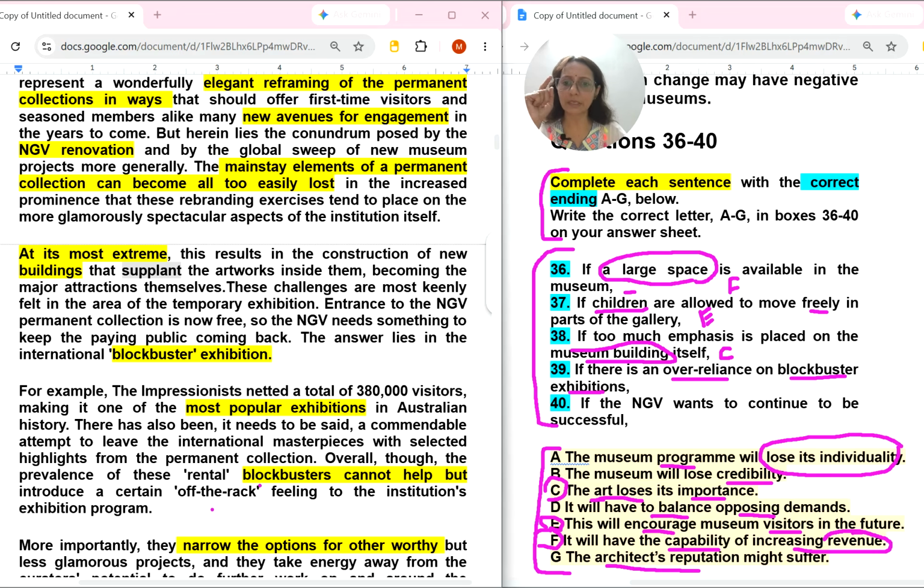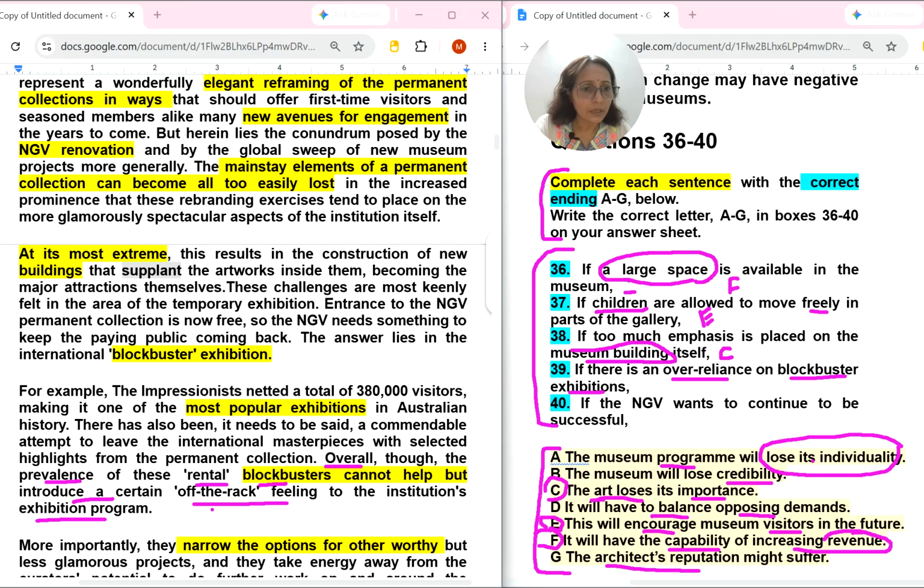So what will happen if there is an over reliance on the blockbuster exhibition? Overall, the prevalence of these rental blockbusters cannot help but introduce a certain off-the-rack feeling to the institution's exhibition program. The writer is saying it will give a feeling of off-the-rack to the institution's exhibition program.